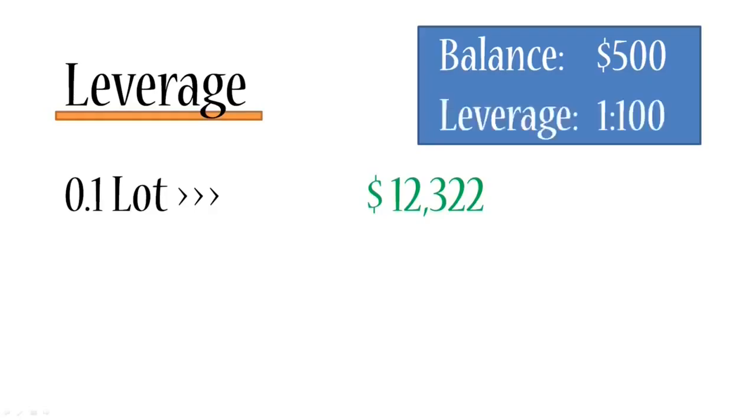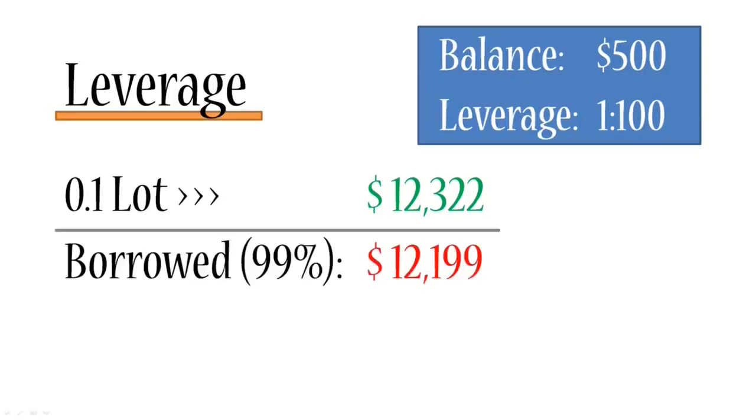But with leverage, if your leverage is 1 to 100, then your broker will only require you to have 1% of that money, and the broker will lend you 99% of the required amount. So in this case, your broker will lend you $12,199. You're borrowing 99% of this required amount.